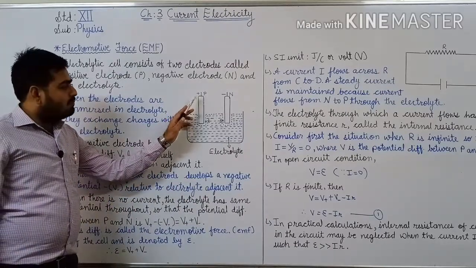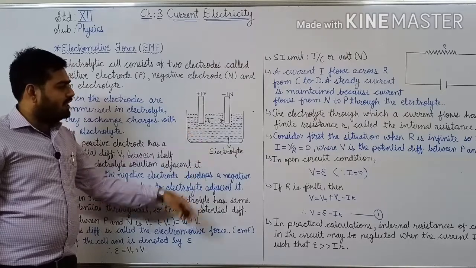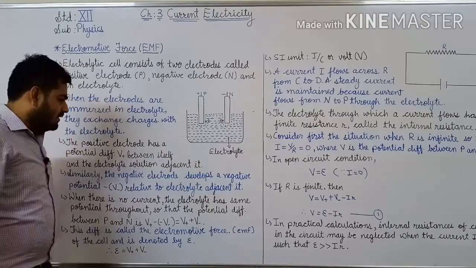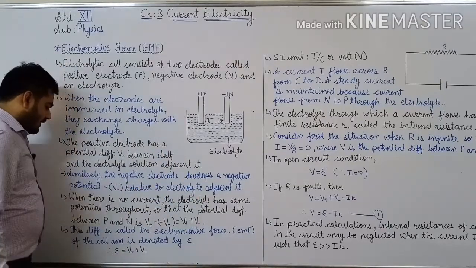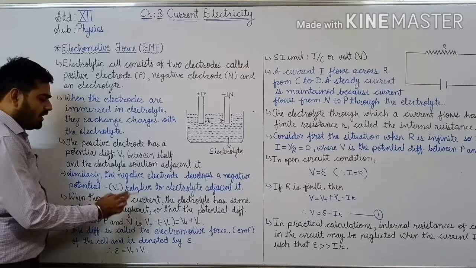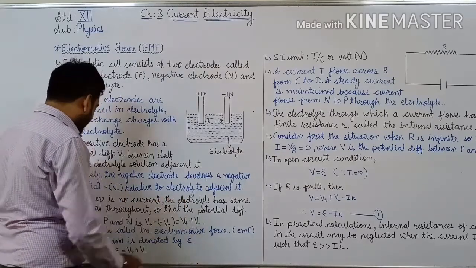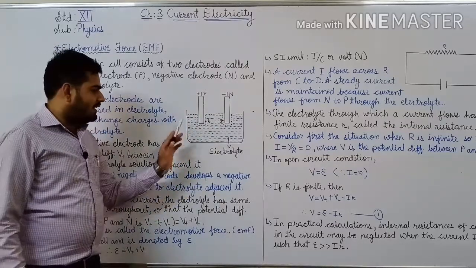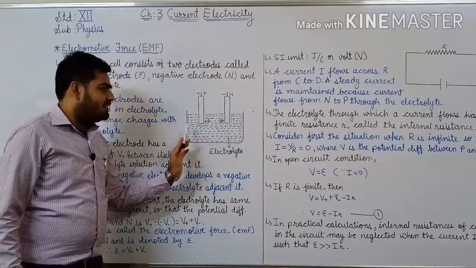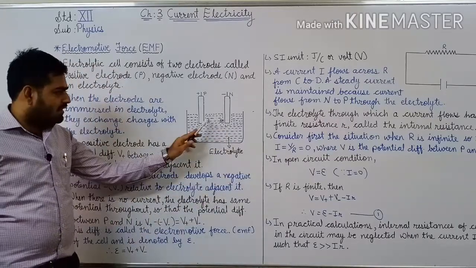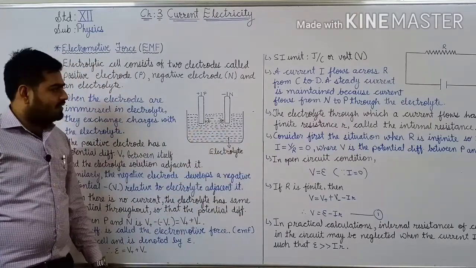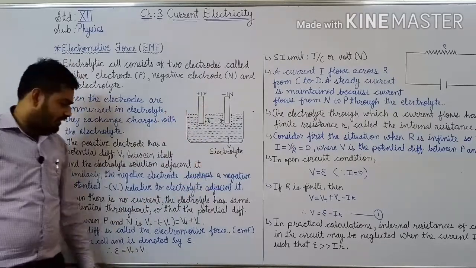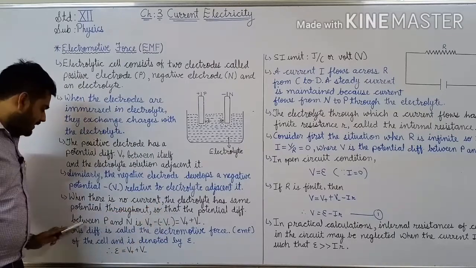When no current is flowing through this cell, the electrolyte has the same potential throughout.